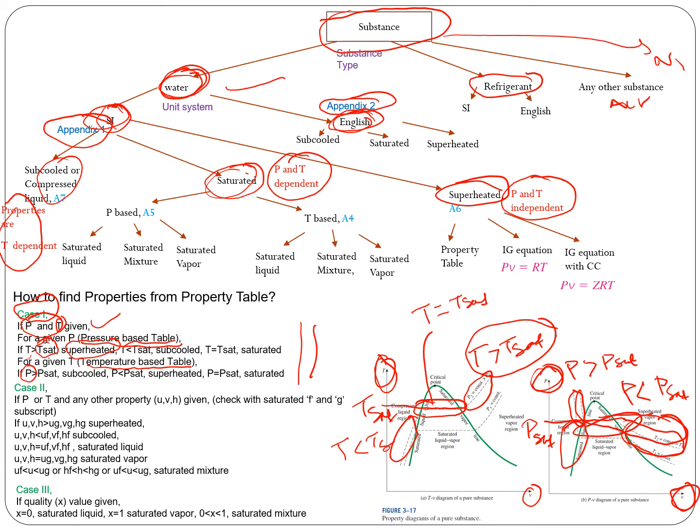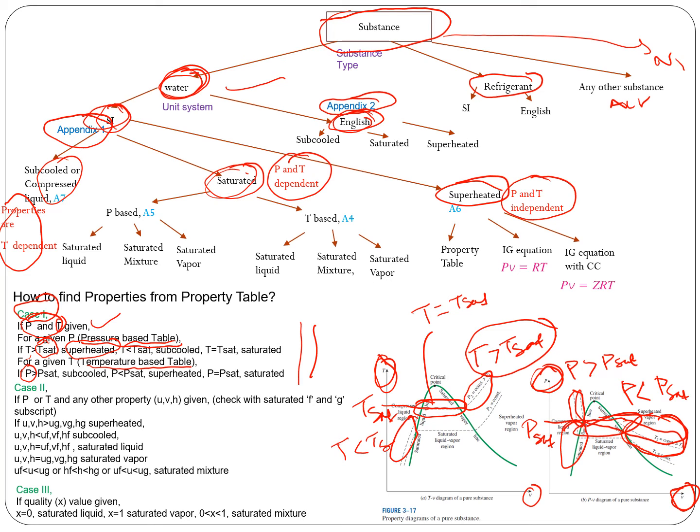In the first case, if pressure and temperature are given, you always compare with the saturation pressure value and saturation temperature value and figure out where it lies. Once you know where it lies, go to that particular table and find the value of the property. So there are two steps. First, figure out where it lies, and then go to the specific table.